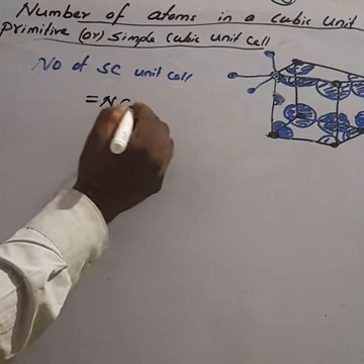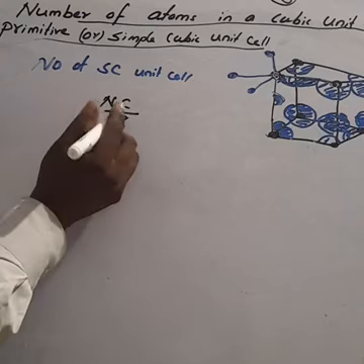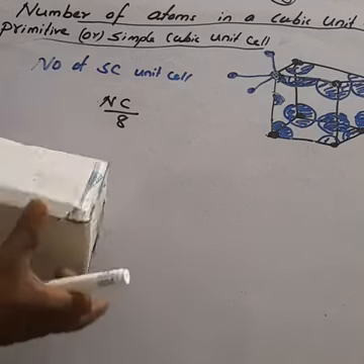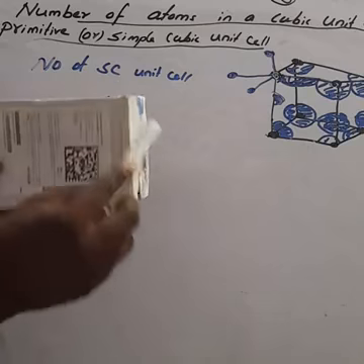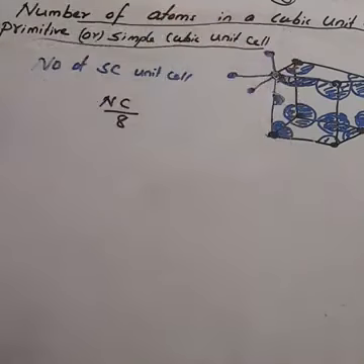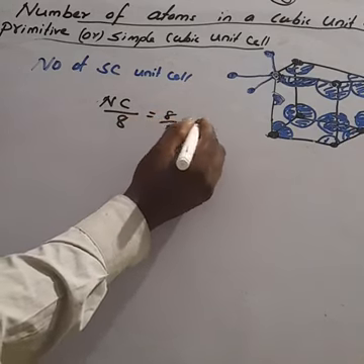This is the formula, Nc divided by 8. What is Nc? Nc is the number of corners. How many corners does this unit cell have? 1, 2, 3, 4, 5, 6, 7, 8. So we get 8 by 8, and the answer is 1.